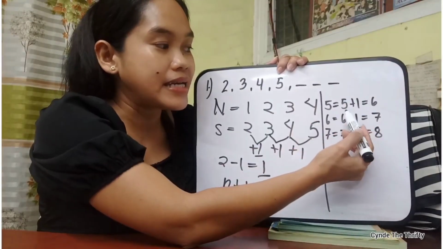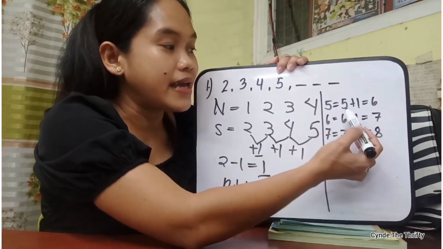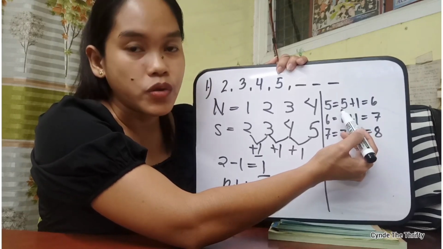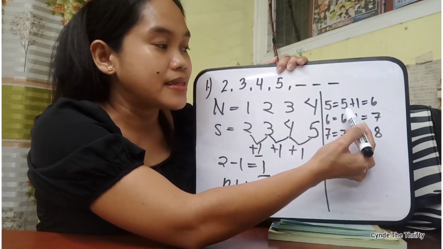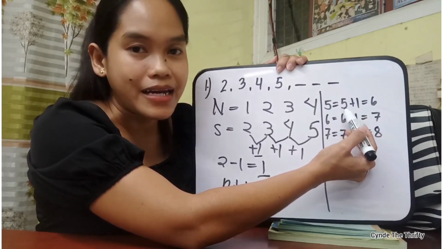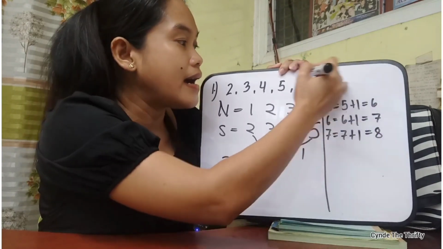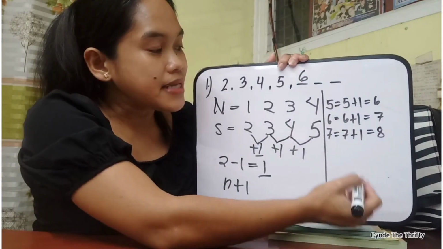So, si n is lalagyan natin ng 5. Si n is i-replace natin ng 5 since si n is yung term. So, ang nire-represent ni n is term. So, 5 plus 1 equals 6. So, ibig sabihin ang 5th term natin is 6. Now naman sa ating 6th term.